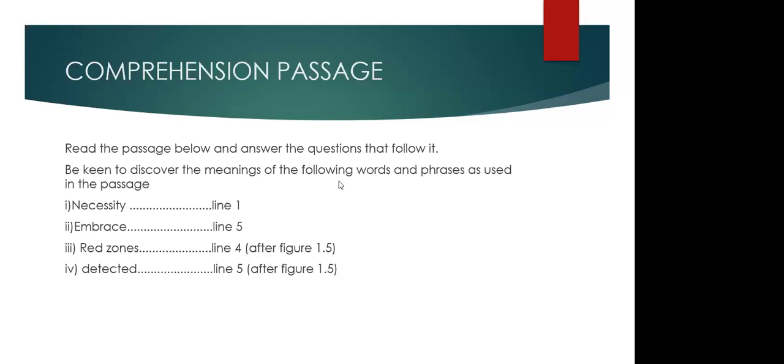I think red zones are places that are dangerous. Amazing, amazing. Places that are dangerous. Another person can even shorten it by saying dangerous places, dangerous locations, something like that. Thank you very much, Amy.